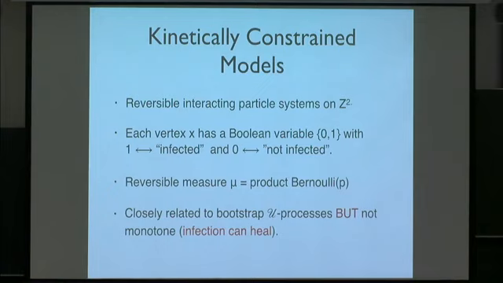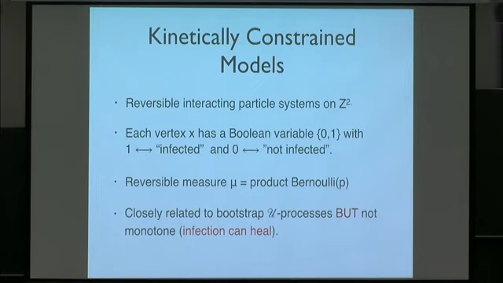These are processes that are very rich, with some surprising behavior also. While in this talk, I will try to see whether it is possible to have some kind of universality result, of the kind that Bella and collaborators obtained for bootstrap percolation, also for kinetically constrained models. So it's a little twist in perspective.